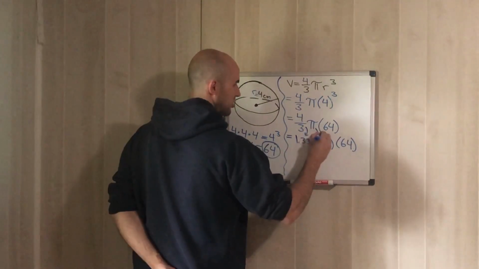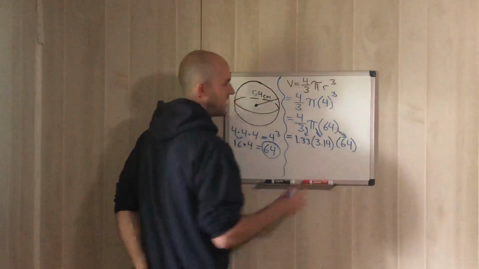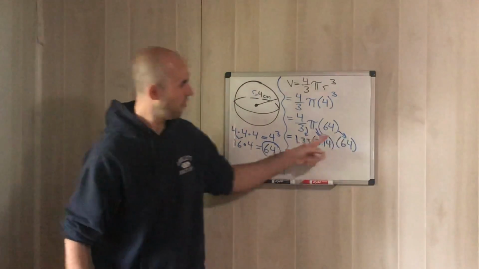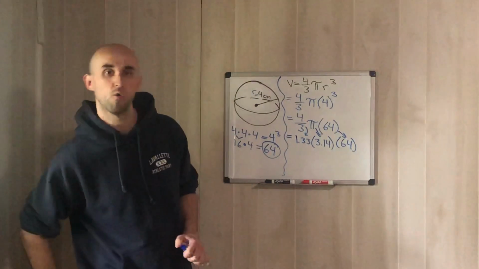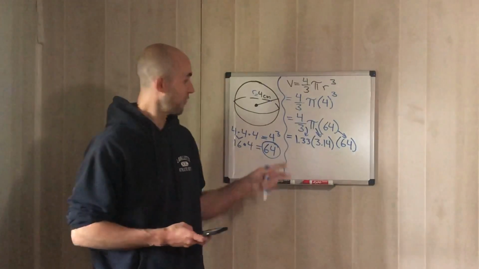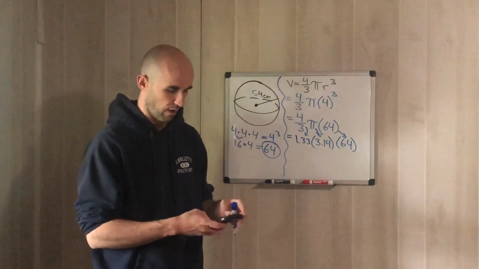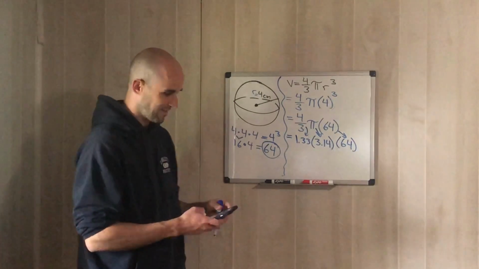Pi, I just wrote 3.14, and then the 64 stayed the same. Because now, once you have all of these numbers here, since they're all next to each other with no addition sign, no subtraction sign, you can just multiply them all. So if you wanted to multiply all 3 numbers, you could. But I'm just going to break them up just to make it a lot easier for you guys to see.